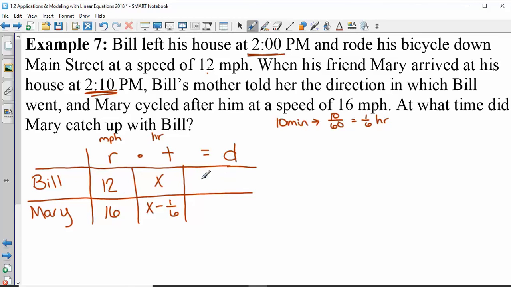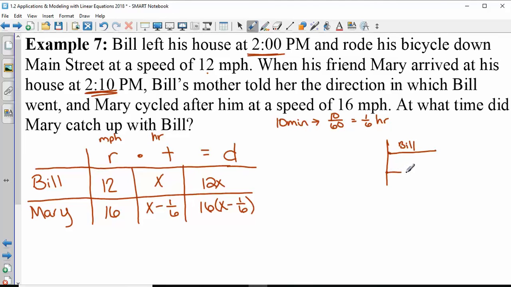Okay, distance, multiply. So Bill would be 12x, Mary is 16 times x minus 1/6. Alright, this time, think about your scenario. We have Bill here riding.